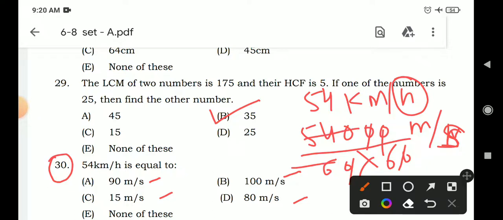Now 6 9s are 54, 900, again cancel on the 6 table. 6 15s are 90. So the correct answer is 15. The answer is option C, 15 meter per second.